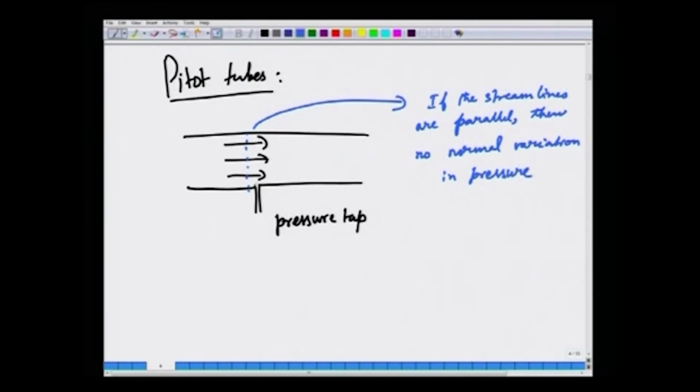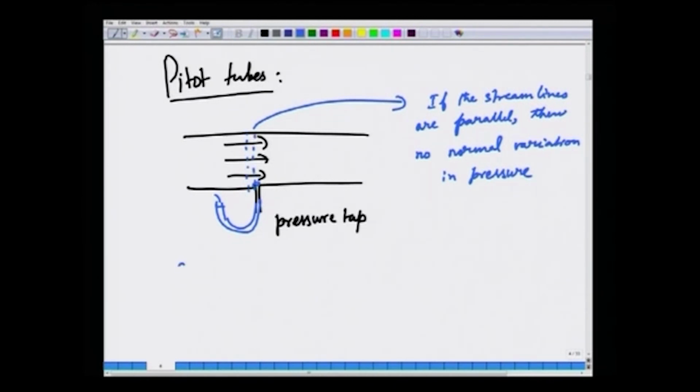So we can just measure the pressure here by having a small tap and then connecting it to the manometer, which is exposed to the atmosphere. So you can measure the gauge pressure at this point of a flowing fluid by simply having a wall tap.